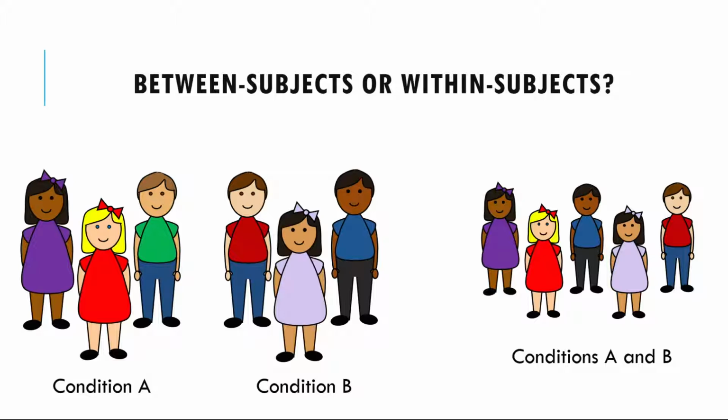Within subjects experiments have the advantage of controlling extraneous participant variables, which generally reduces noise in the data and makes it easier to detect any effect of the independent variable on the dependent variable. Within subjects experiments also require fewer participants than between subjects experiments to detect an effect of the same size.